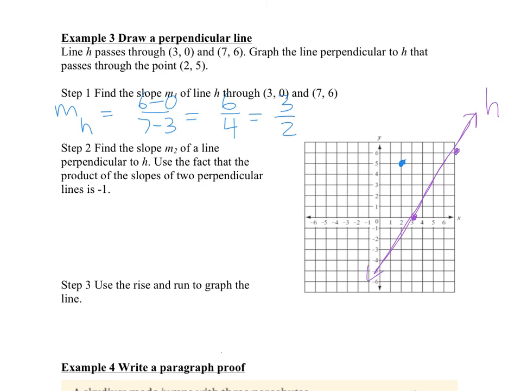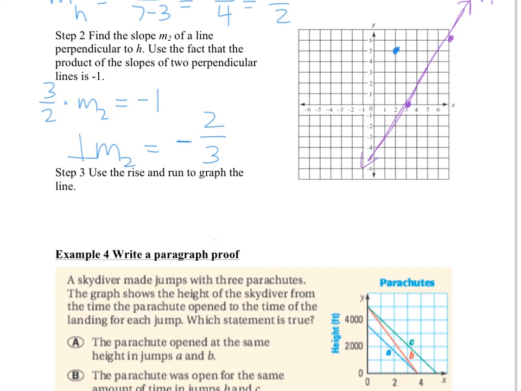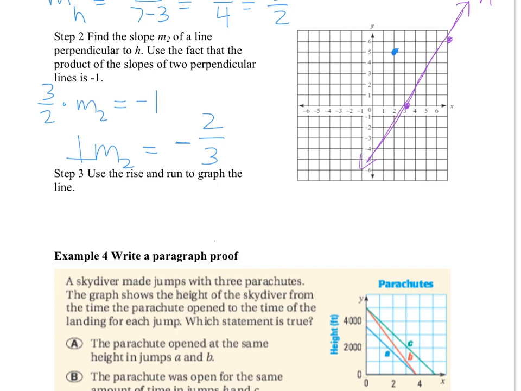Okay, so find the slope m subscript 2 of a line perpendicular to H. Well, if we recall, 3/2 times m2 must equal -1, or the perpendicular slope is the opposite sign and flip it. So there would be my perpendicular slope. You can do either one. Use the rise and run to graph the line.